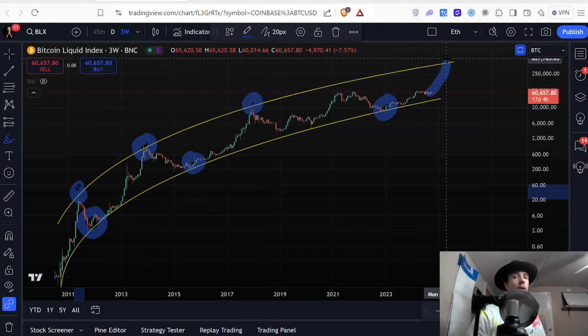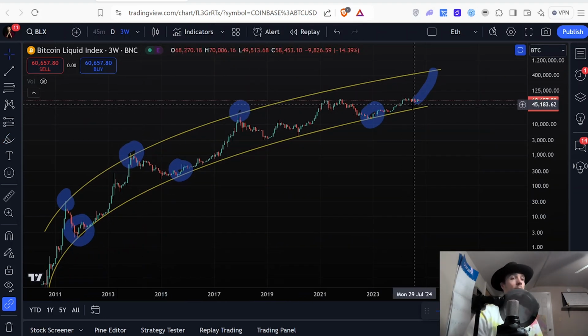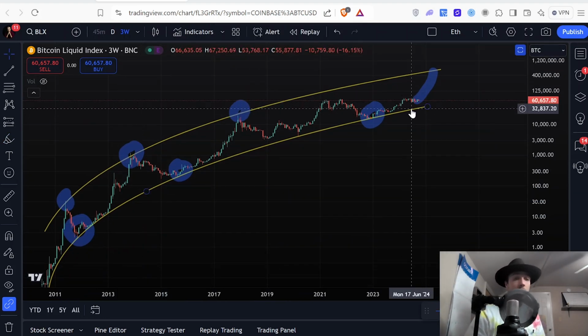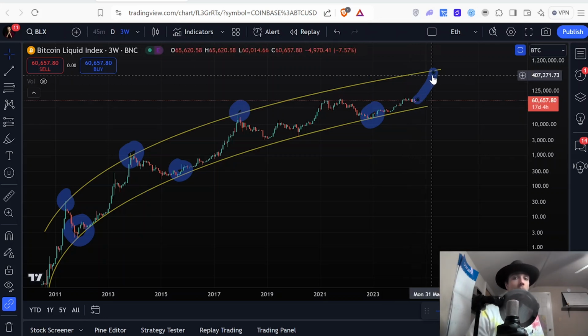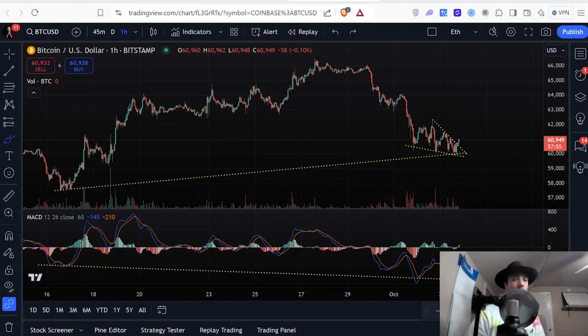Do I think Bitcoin will go to $1 million per coin? No. Do I think Bitcoin could go to 250K? Yeah. I do think Bitcoin could go to 250K or even a little bit higher here in the bigger time frame.